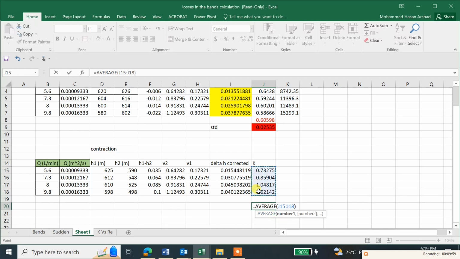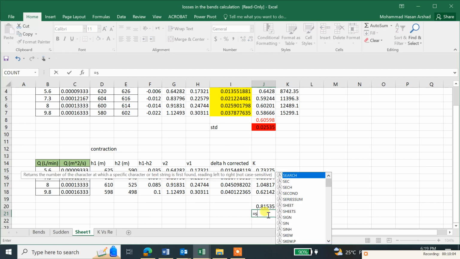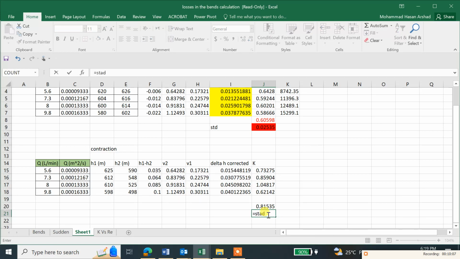So the average is 0.81, and the standard deviation of this is a little bit more, 0.18. The deviation is a bit more, but it still makes sense. So we are around 0.81 with a deviation of 0.18.